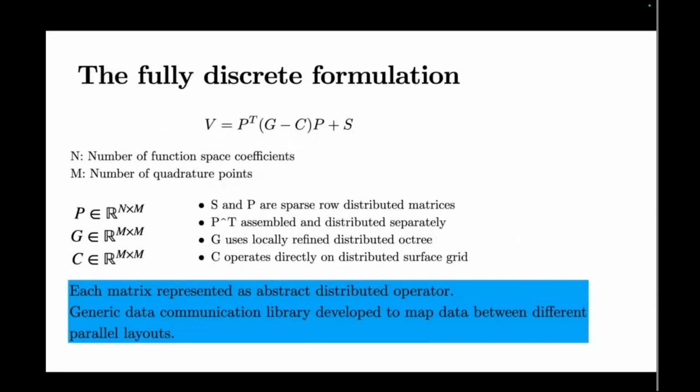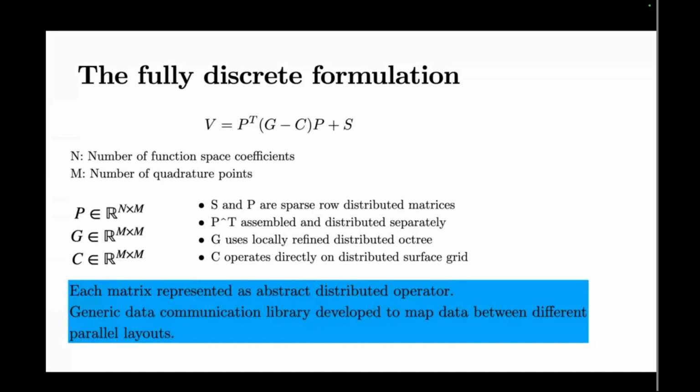Okay, so at the end, we have a fully discrete formulation. We have our discrete integral operator V, which is now P transpose (G minus C) times P plus S, the singular interactions. And I've given the form of the matrices. S and P are sparse row-distributed matrices. P transpose is assembled and distributed separately, so it's a transpose operator of P. G uses for its parallelization a locally refined distributed octree based on just the quadrature points, and C operates directly on the distributed surface grid.